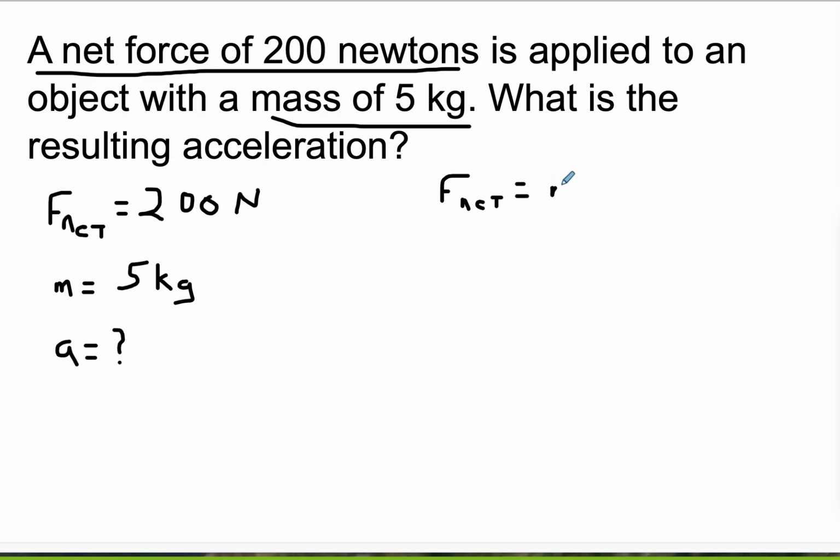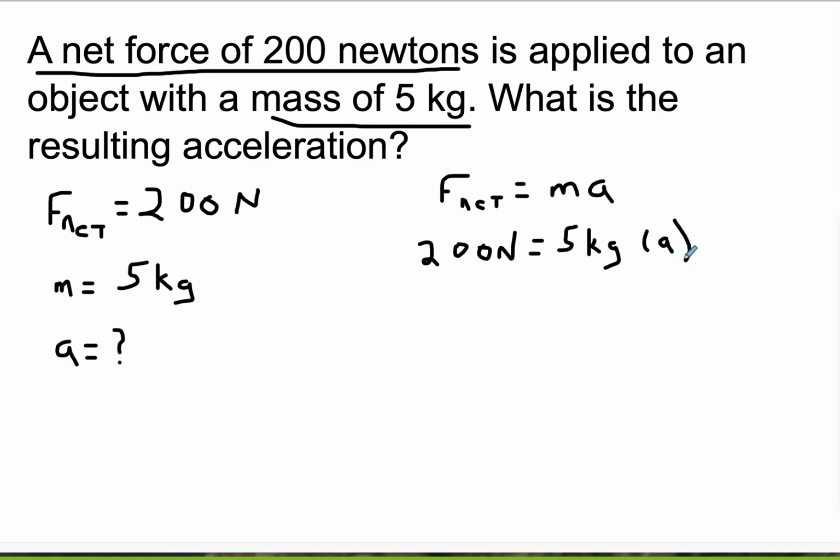I have F net, I have the mass, and I have the acceleration. So if I plug in F net here, that'll be 200. And I plug in the mass here, that'll be 5 kilograms. Then I'm left with acceleration.